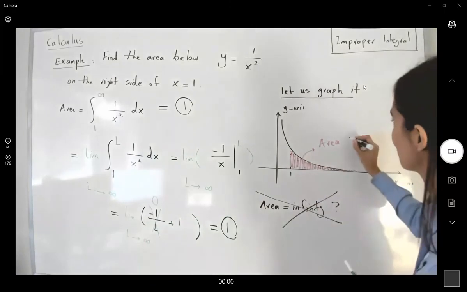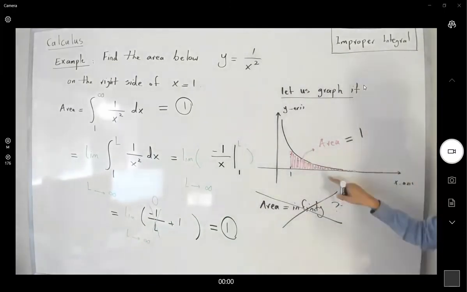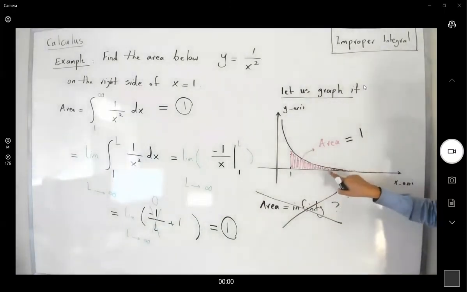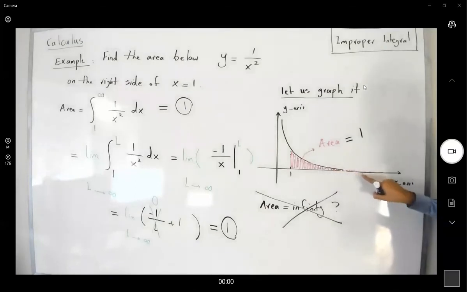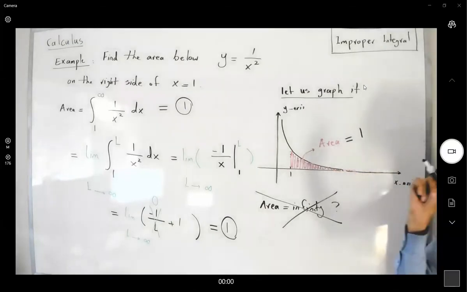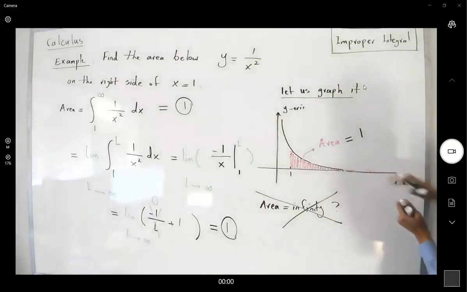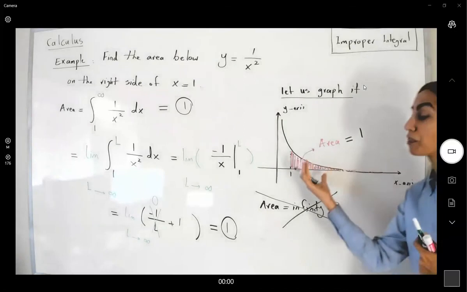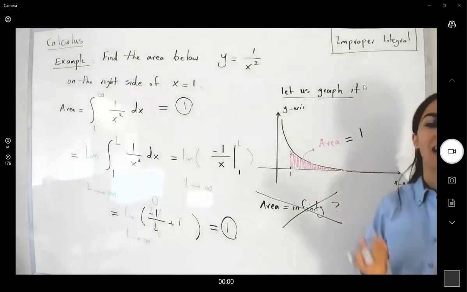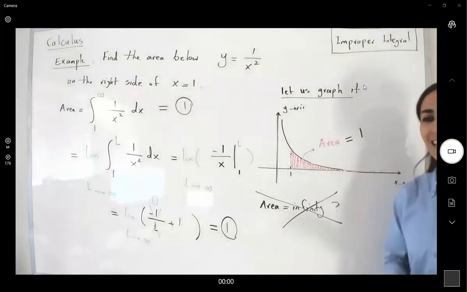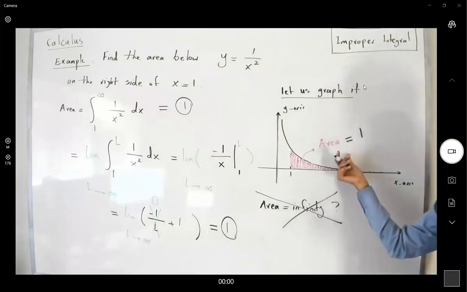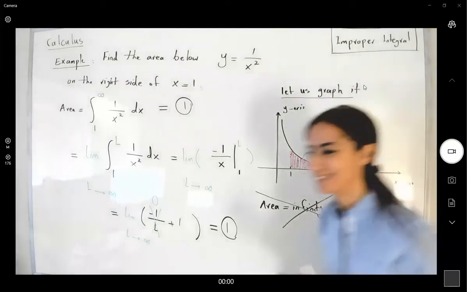This area is equal to 1. Note that these little areas are getting smaller and smaller, approaching 0. So we expect this area to be a nice number, which calculation shows is equal to 1.